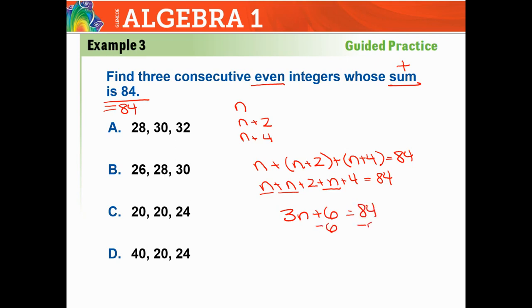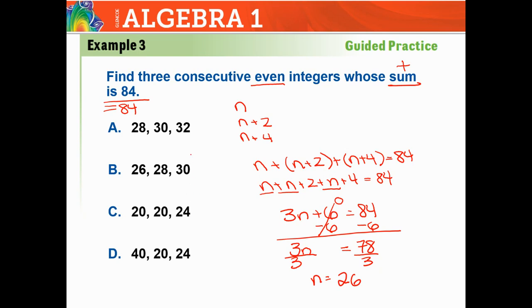We subtract 6 from both sides. These cancel to a 0. We get 3n equals, 84 minus 6 gives us 78. Then we do division on both sides by 3. We get n equals 78 divided by 3 gives us 26.